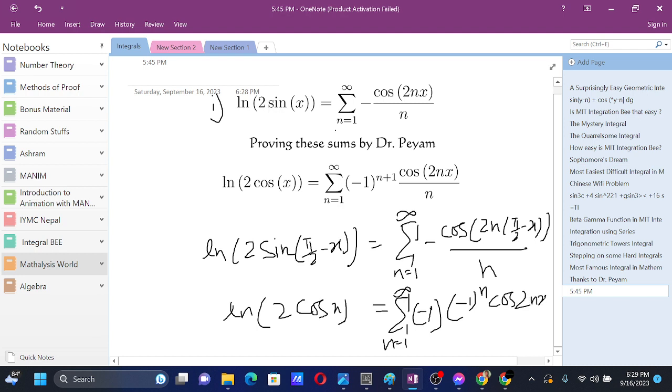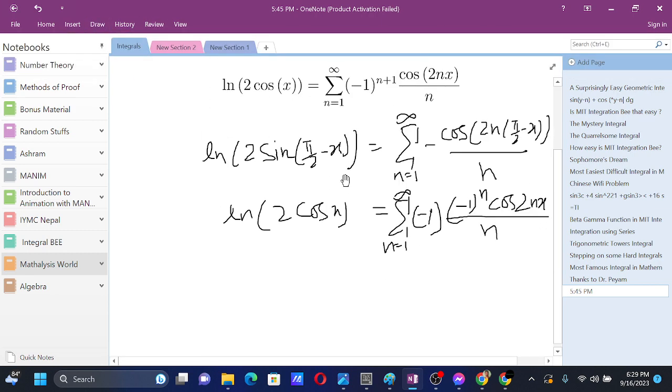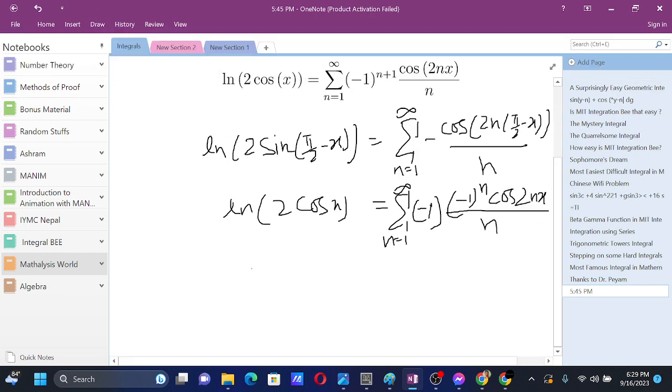This is because when n equals 1, the value will be minus cos 2nx, and when n equals 2, it will be cos 2nx, n equals 3 minus cos 2nx, so we have introduced minus 1 to the power n over here, and then over n. Now we have the final step to compute this problem.